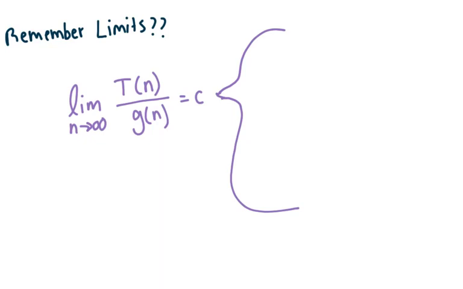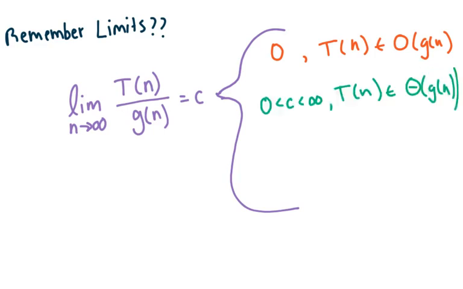Okay, so we're going to define this piecewise function where the limit as n goes to infinity of our work function t of n over g of n, which is going to be whatever is inside big O or big theta, we're going to define the output as c. If c is 0, then t of n is in big O of g of n.